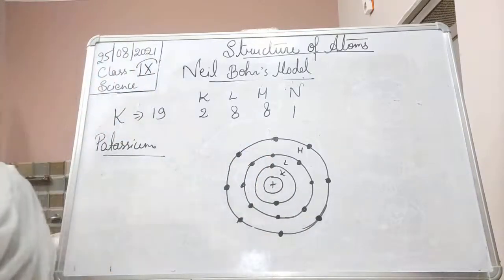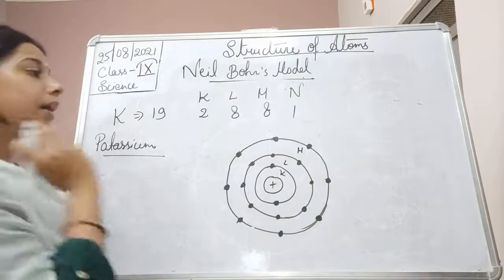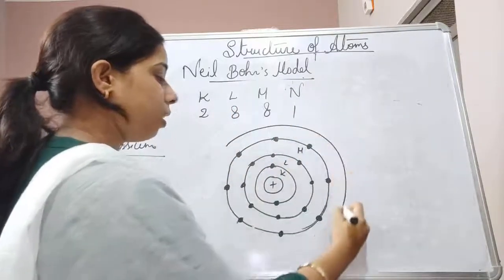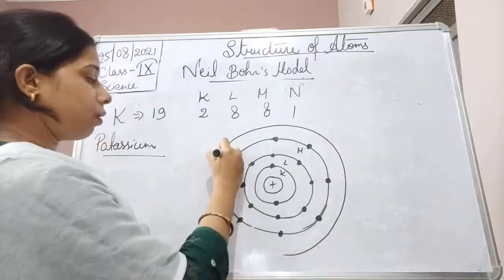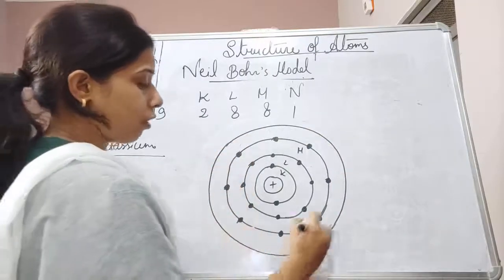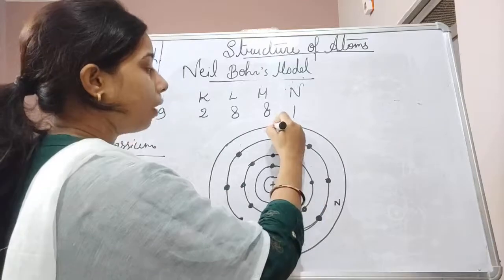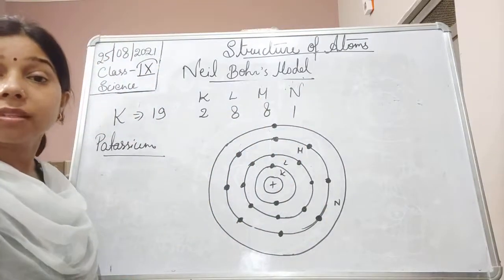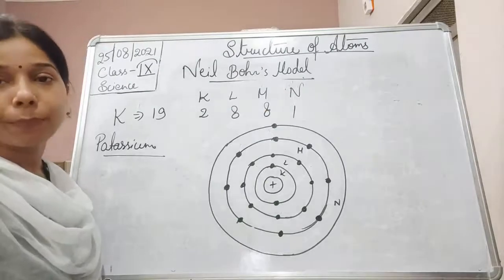And then again the N shell is there. So we will make another shell, this shell is the N shell, and it is having only 1 electron in it. Okay, so this is about potassium.